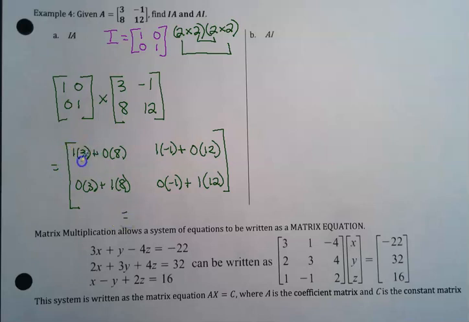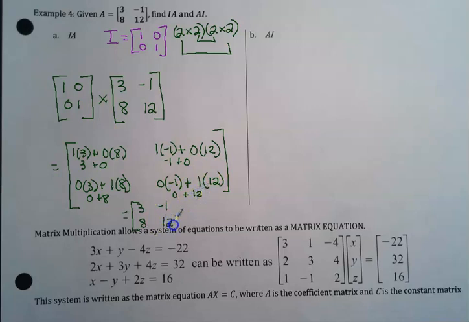So 1 times 3 is 3 plus 0. So this number is going to be 3. -1 times 1 is -1 plus 0 times 12 is 0. So that's going to be -1. 0 times 3 is 0, 1 times 8 is 8. So this is 8. 0 times -1 is 0, plus 1 times 12 is 12.